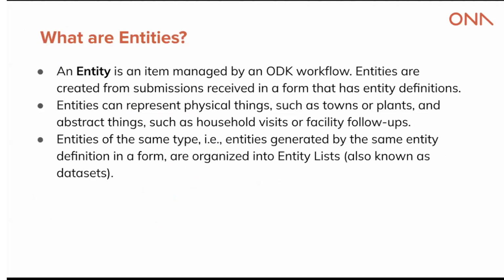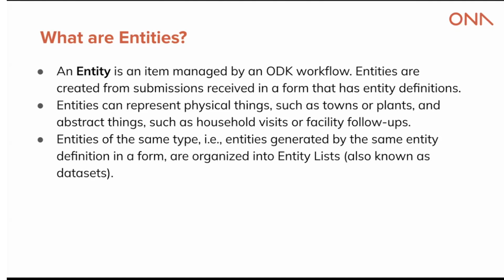An entity is an item managed by an ODK workflow, and they are created from form submissions, which are received in a form that has entity definitions. We shall see how this looks when we look at the forms. Entities can represent physical things, such as towns or plants, and also abstract things such as household visits or facility follow-ups.